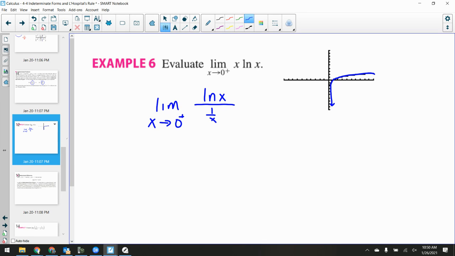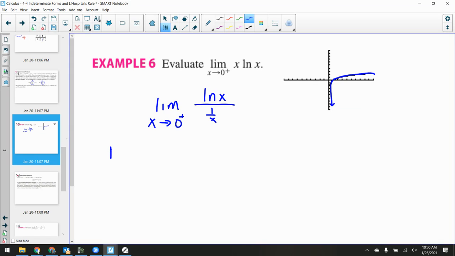I'm just algebraically manipulating it so that I can use L'Hopital's rule. This is an indeterminate limit, right? The top is negative infinity, the bottom is infinity. So I know these are both infinite over infinite, and I can use L'Hopital's rule here.